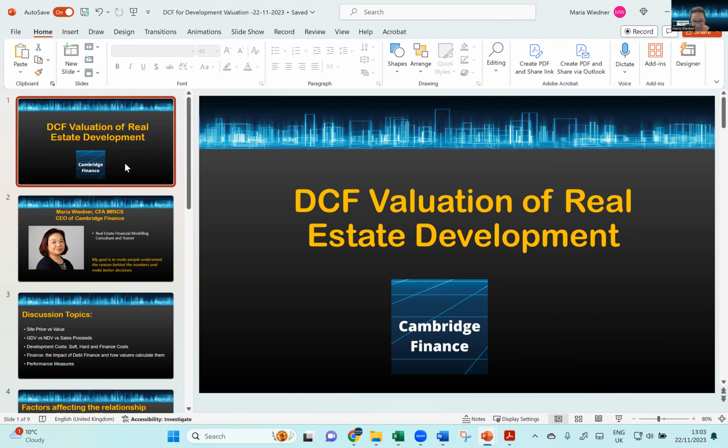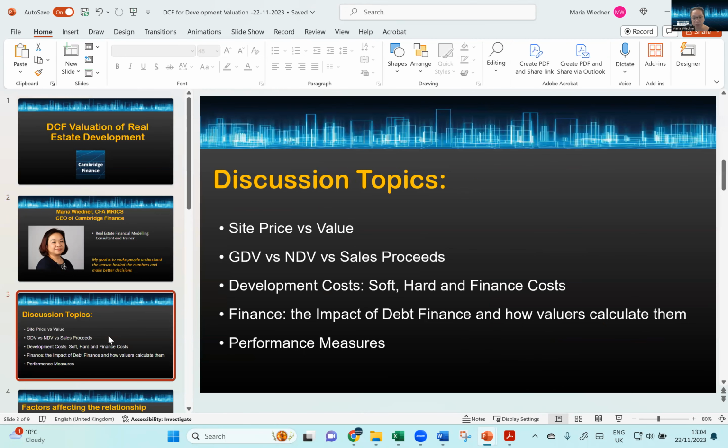So the session today is about DCF valuation for real estate. I'm just going to show you like this because we're going to go to the model in a minute. But the idea is that when we're doing development appraisals, normally the question is, what is the site price? And then how you go about doing the residual valuation. We hope we have time to cover this here today. Also the idea of GDV, NDV, and sales proceeds. So GDV, gross development value, net development value. And then also in terms of development costs, what kind of development costs are there, the soft and hard costs, and finance costs.